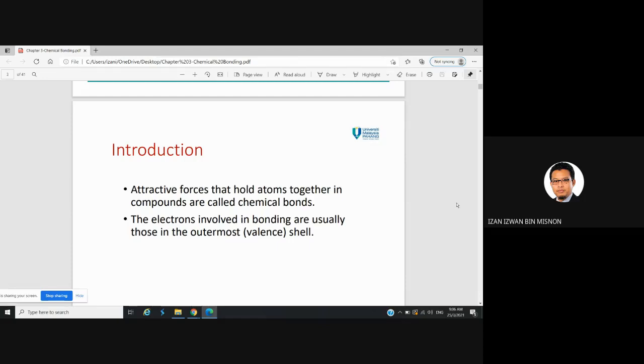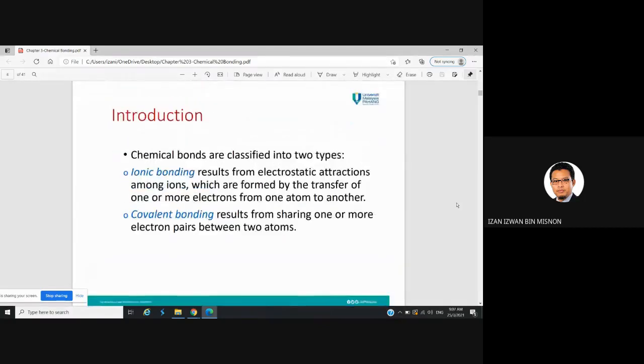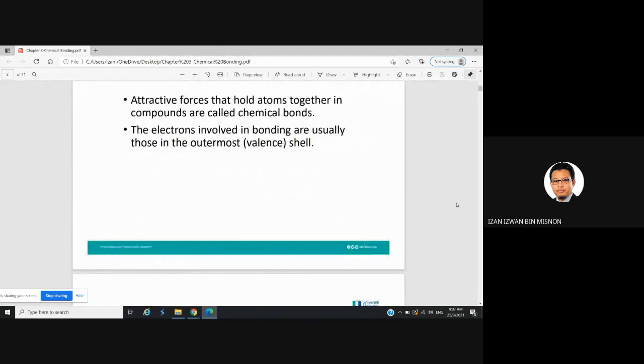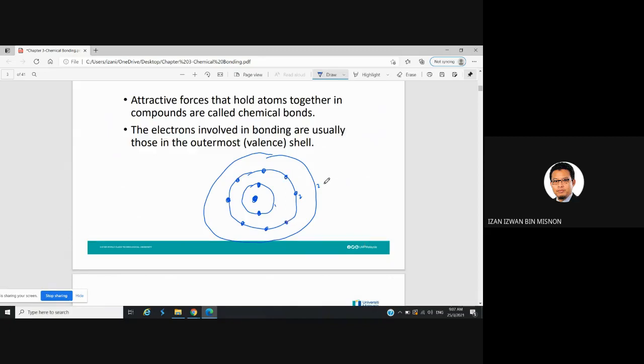Okay, then if we draw the structure, let's say we have the nucleus and the orbitals n equal to 1, n equal to 2, n equal to 3. In n equal to 1, the maximum number of electrons is 2, n equal to 2 is 8, and n equal to 3 is also 8.